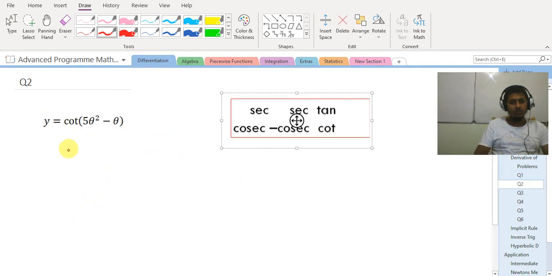Question 2. We have cot of 5 theta squared minus theta. The derivative of cot is negative cosec squared.